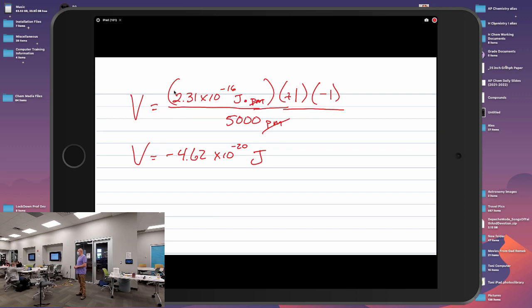Or which is what of IE? This is the negative of it. Because the ionization energy is the energy you have to put in, as a positive value, to remove the electron, whereas V, the potential energy, is telling you what the attraction is. And we've established that attraction has a negative value for V, and the magnitude of that value is going to be how strong that attraction or repulsion is.